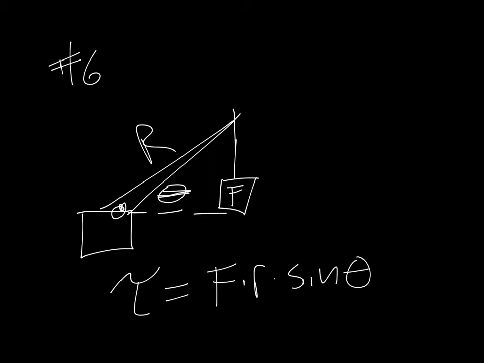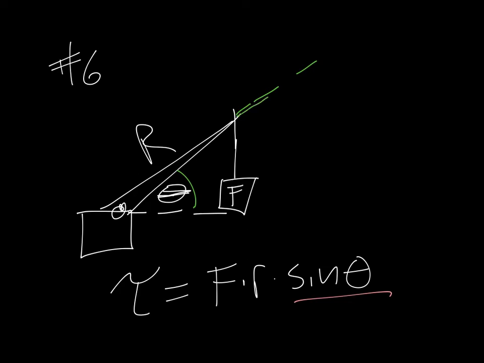For those of you that were not in class, that's what we talked about today, the sine of the angle thing. Now the issue with this question is that the angle that they give you is here, but the angle you need is the one that is made between your force and your radial arm.